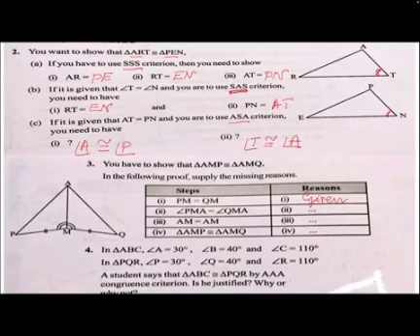PMA and QMA, that is these angles here you can see, they are congruent. Again given. AM is congruent to AM or AM is equal to AM because it is common. It's common side. So you have to write the reason. Common side. Okay. It's common to both the triangles.